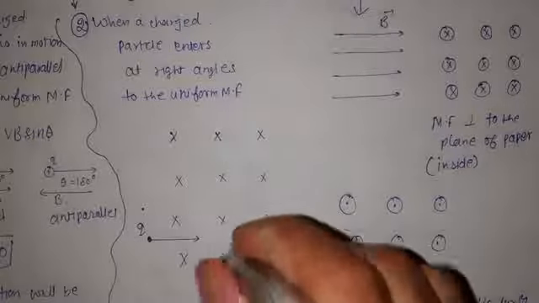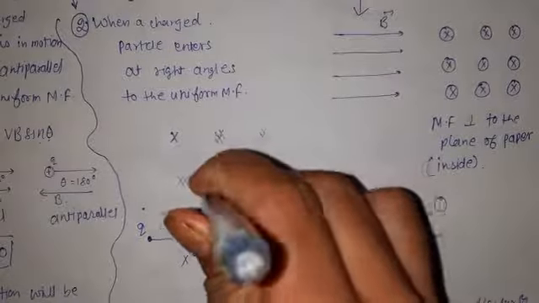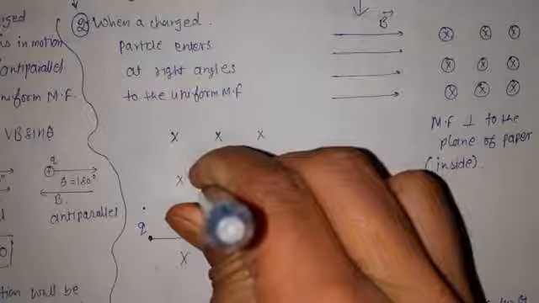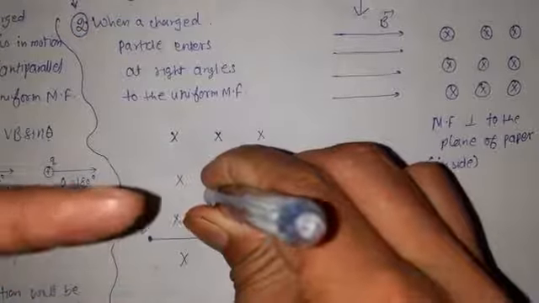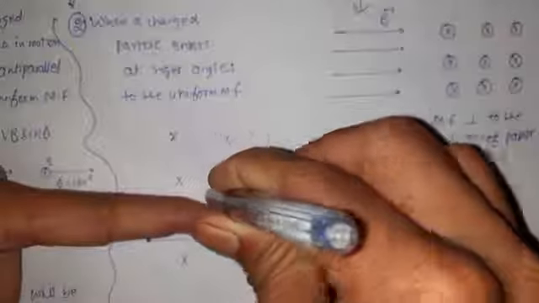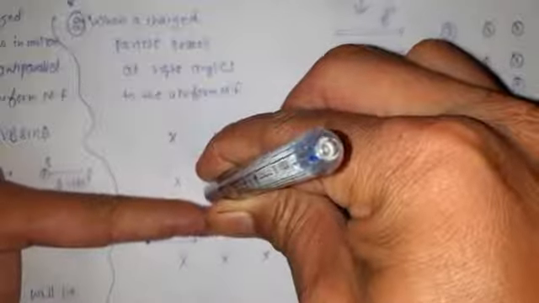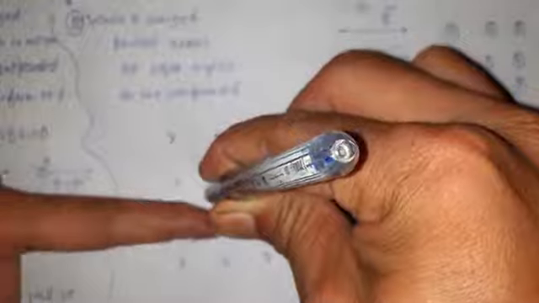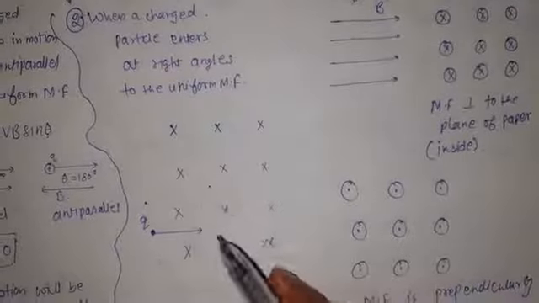See how the magnetic field is perpendicular to the plane of the paper, and the charge is moving along my finger, going in this way. So it is going to enter perpendicularly in this uniform magnetic field.